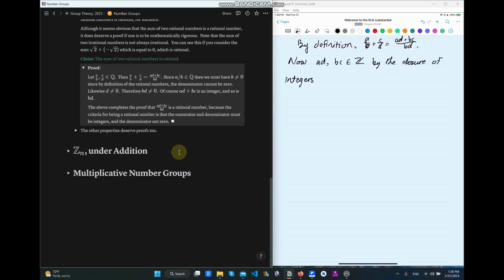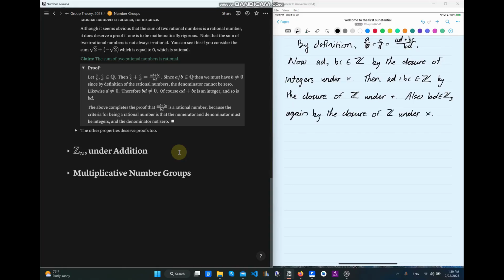And notice that is just the same thing as the standard procedure for adding rational numbers together. You would multiply the top and bottom of a over b by d to get a common denominator. You would go over to c over d, multiply top and bottom by b, and then you would have a common denominator, and this is what you would get for their sum.